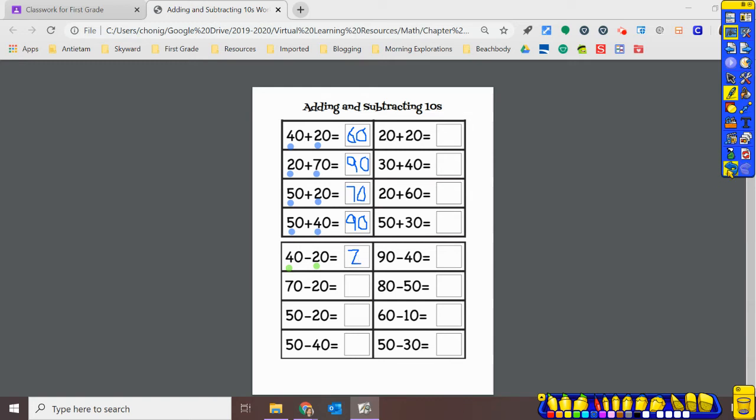That looks like a Z. Let me try again. There we go. And it's the same with addition. I have to remember to add that 0. Let's do the next one. This time I have 70 minus 20.